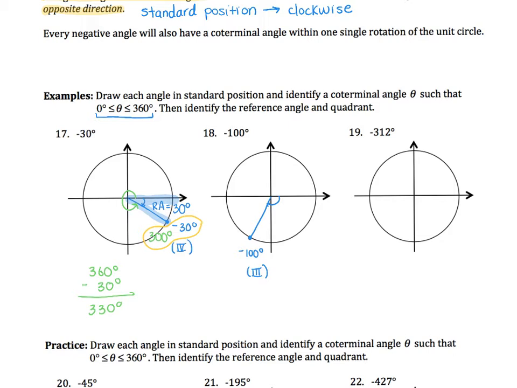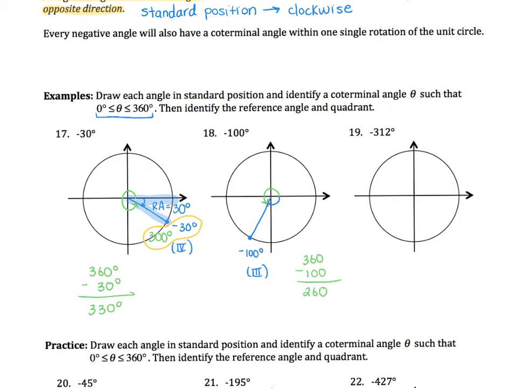And then, let's see, in this case, I think figuring out the reference angle is going to be easier if we find our normal coterminal angle first. So we have to think, all right, going backwards 100 degrees is the same as going forward how much? Well, again, that little trick really comes in handy, right? 360 minus 100, 260, right?